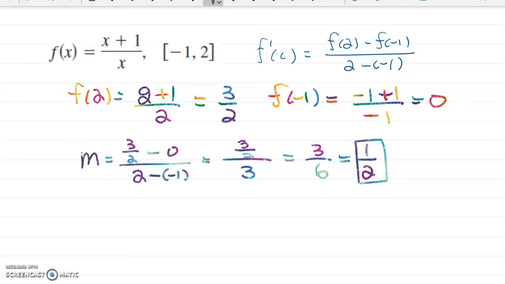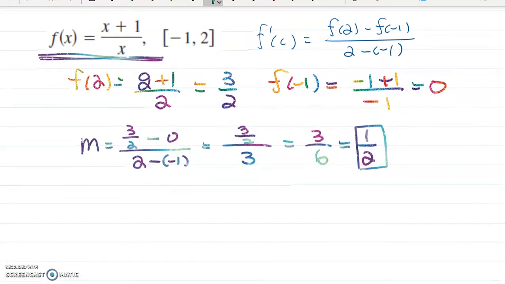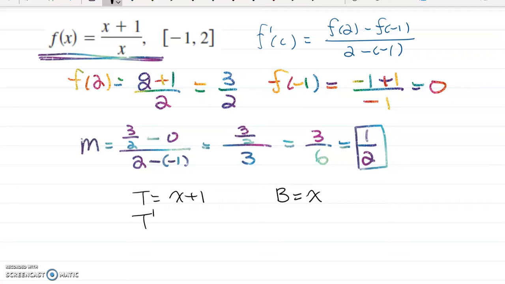Okay, then how can we do that? Yes, we take the derivative of this one. As you see, this is the fraction form. Now I'm going to set up the top and bottom setup. So t equals x plus 1 and b equals x, and t' is 1 and b' is 1.